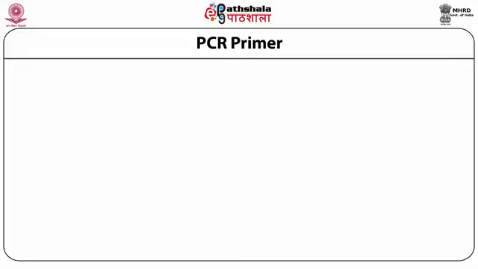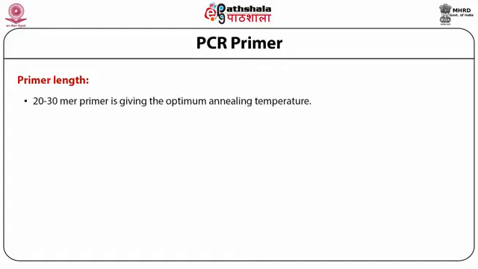And here there are again limiting factors such as primer length. Normally the primer length should be 20 to 30 mers. Mers means nucleotides, which has an optimum annealing temperature, and it is also necessary that the annealing temperature should not exceed more than 65 degrees centigrade.